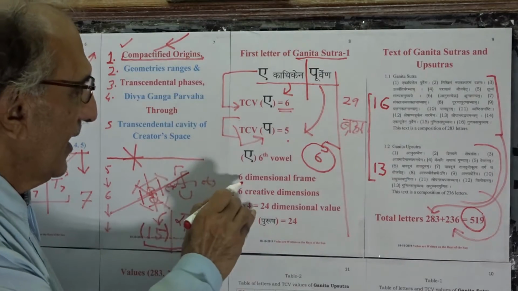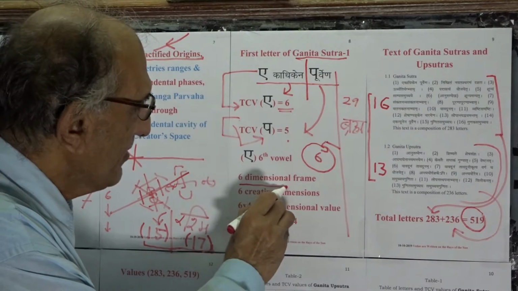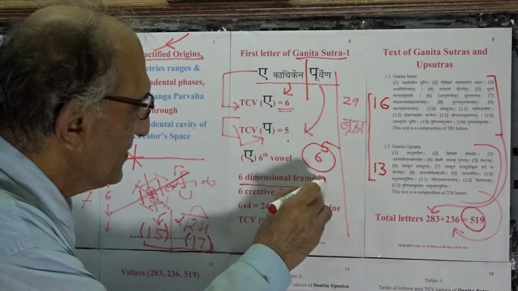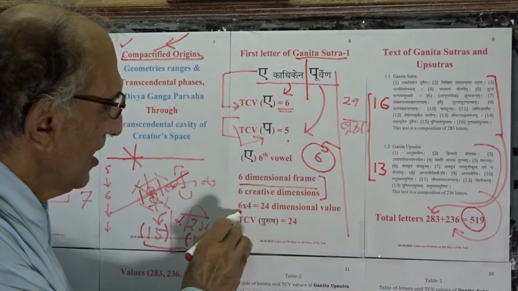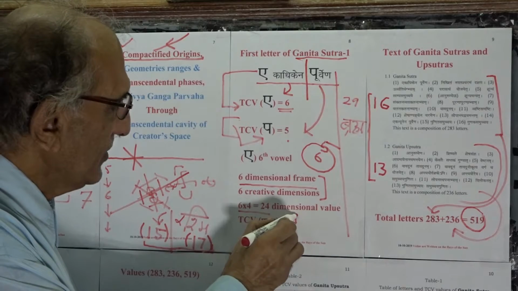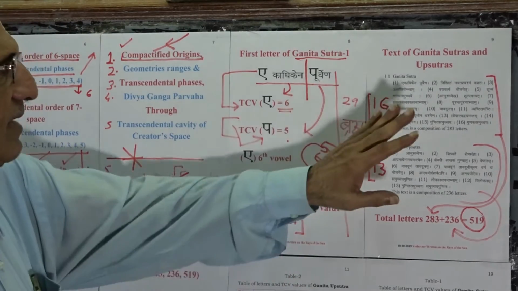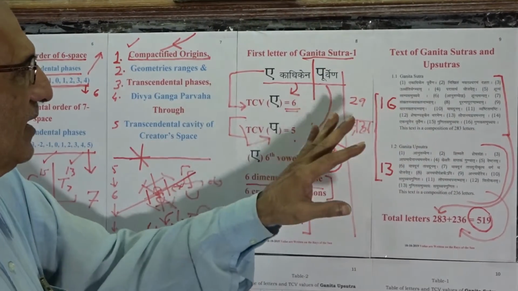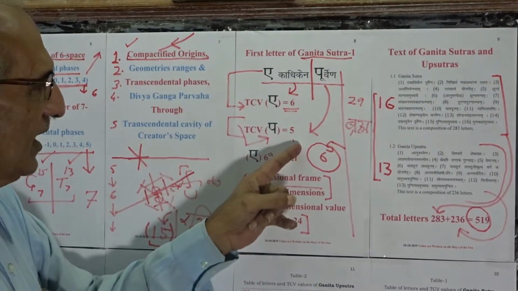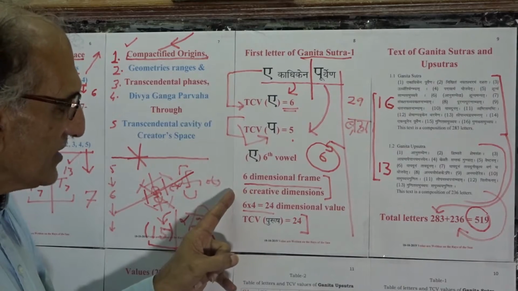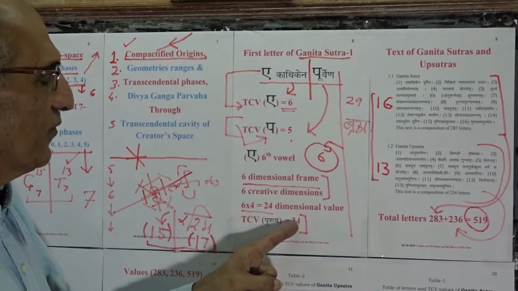Therefore, we will be having a 6-dimensional frame as of 6 creative dimensions of value 24, which is parallel to the Purusha. Therefore, this mathematics will, in terms of its domain, take us to the Purusha format.